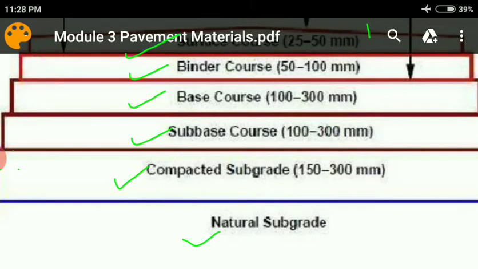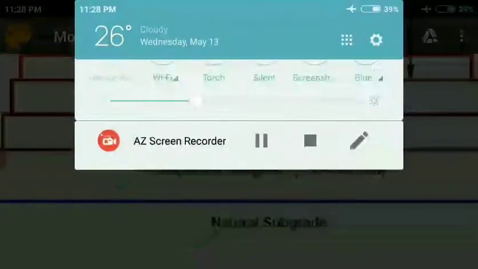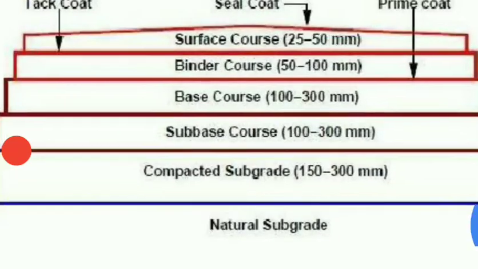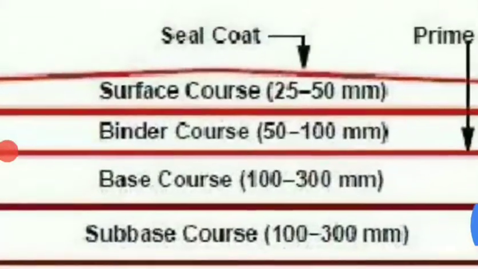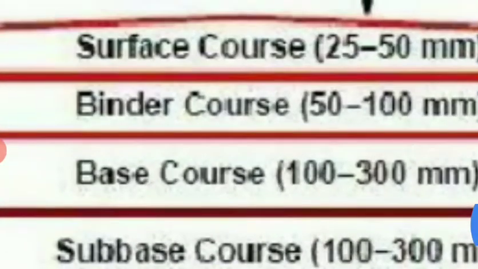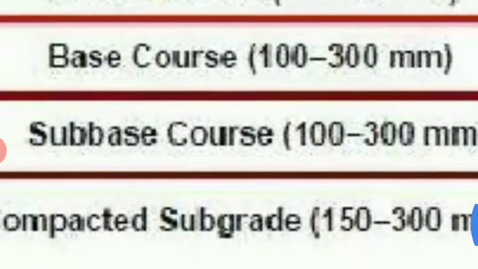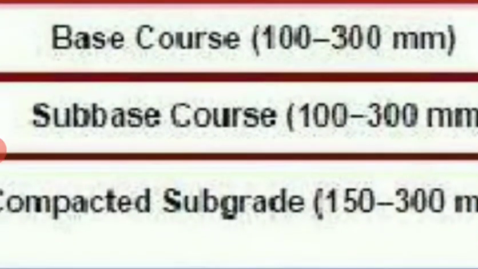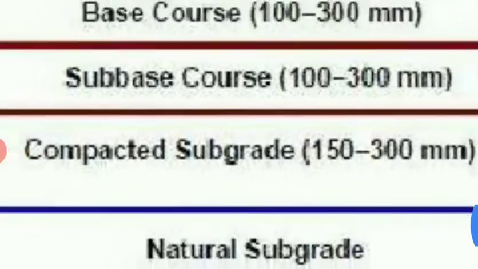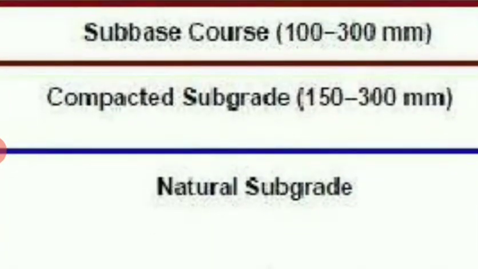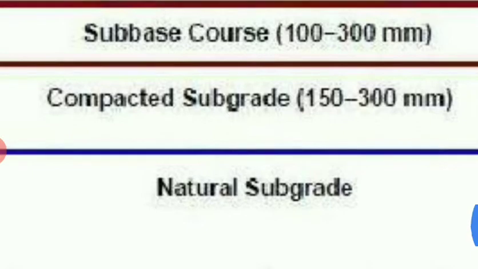Whatever load is generated on this surface course is going to be transferred by the surface course to the binder course. Then the binder course will transfer that entire load to the base course, and similarly to the sub base course, and then the compacted subgrade, and finally it reaches the natural subgrade.